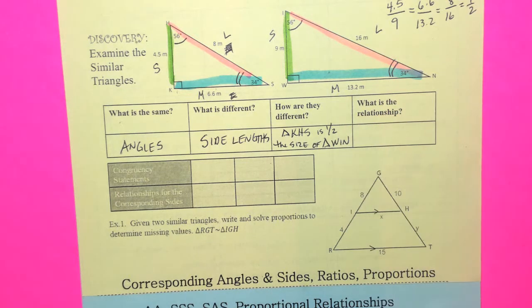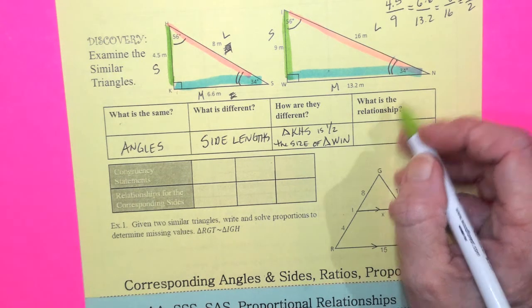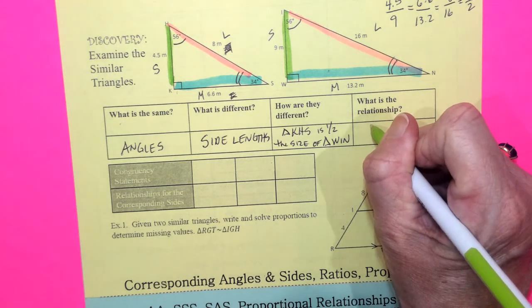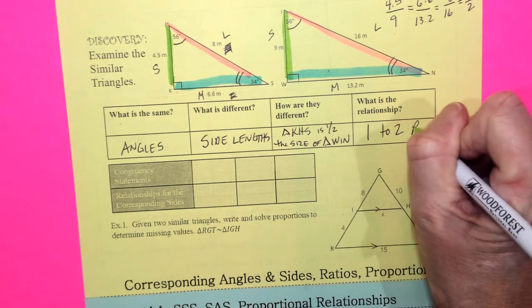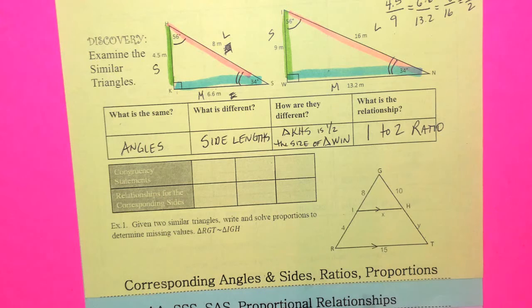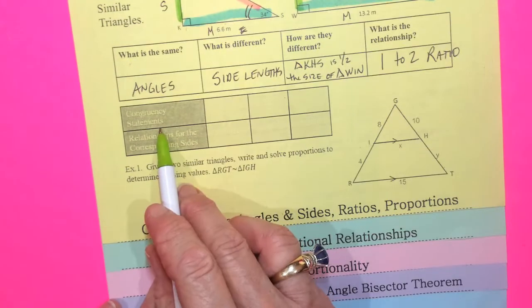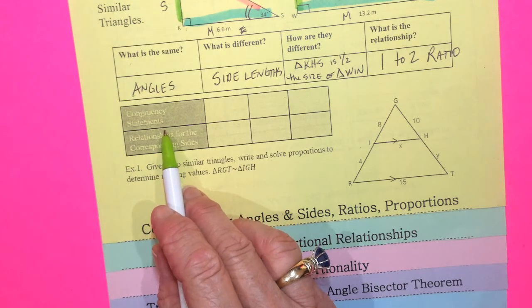Could I have said it in reverse? Could I have said triangle WIN is twice as big as triangle KHS? Sure. It doesn't matter which way I go when I'm making a statement, because both of those are true. So since we started on top and came down, a 1:2 ratio.